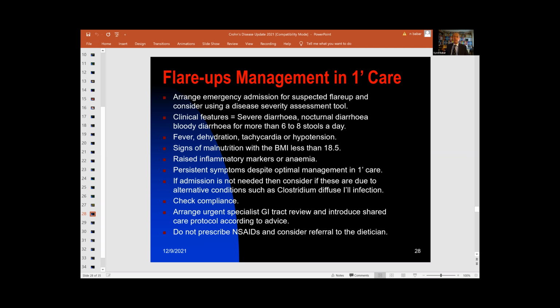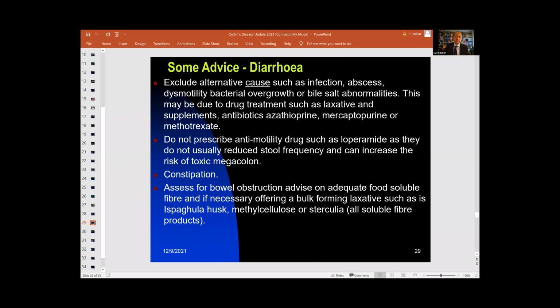And also, it is important to avoid prescribing anti-inflammatories, and a referral to the dietitian expert in inflammatory bowel disease should be made for a follow-up. If a patient appears to have diarrhea, one should exclude other causes such as abscesses, dysmotility, and so on and so forth.